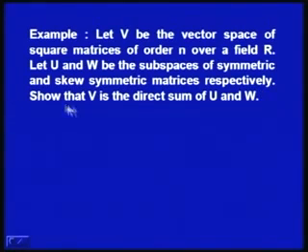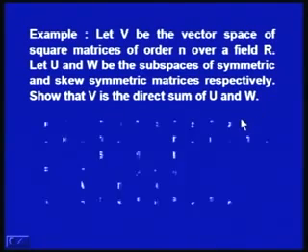Then we have to show that V is the direct sum of U and W. We have already proved that square matrices form a vector space, and U, the set of symmetric matrices, forms a subspace of this vector space V, and W, the set of skew symmetric matrices, also forms a subspace. Now, we have to show that V is the sum of U and W.